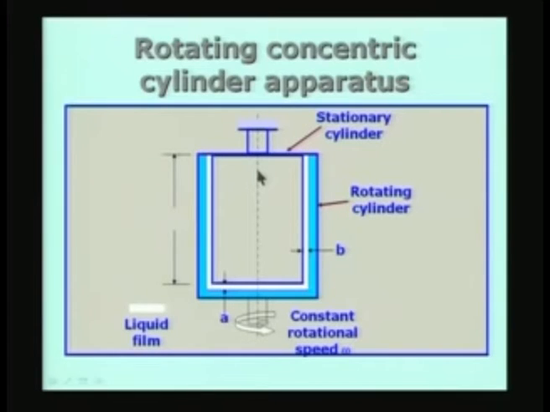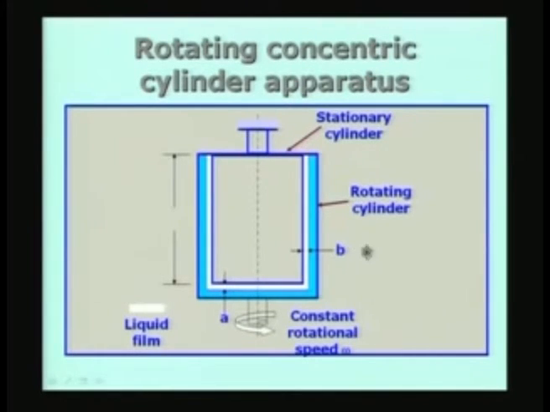So, this is the stationary cylinder, and there is a rotating cylinder, and between the stationary cylinder and the rotating cylinder there is a small gap B. Of course, at the bottom also there is a small gap A, and this outer cylinder is rotated at a constant rotational speed omega. The white patch here is the liquid film, marked here as this white region in between the outer cylinder and the inner cylinder.